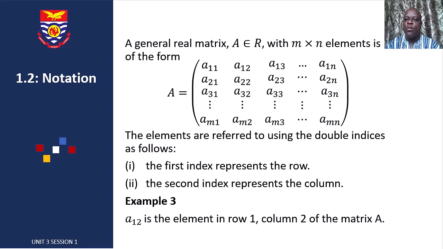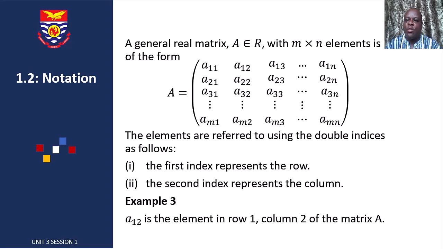Then you can also talk about the columns. The first column is A11, then the second one is A21, and the third one is A31. You see that the second entry is always 1. So that tells you that you are talking about column 1. When you go to the second one, you see that the second entry is always 2. So A12, A22, A32.